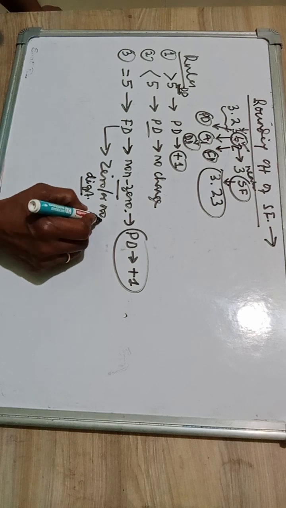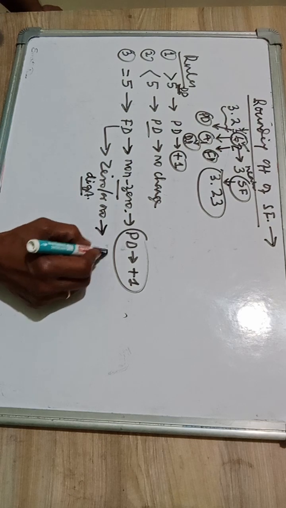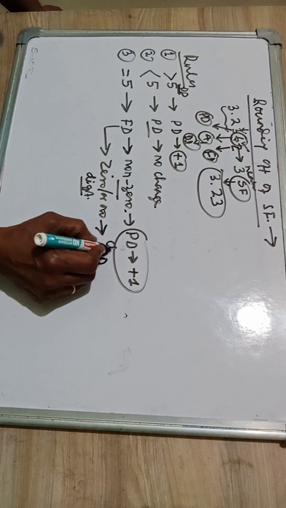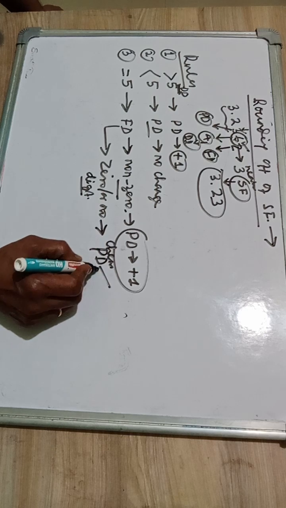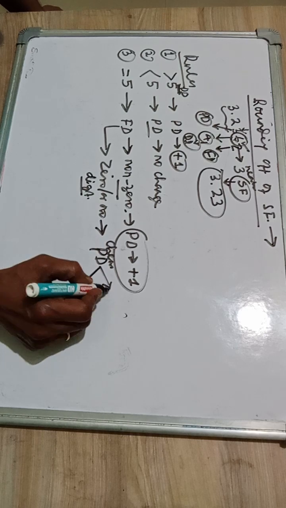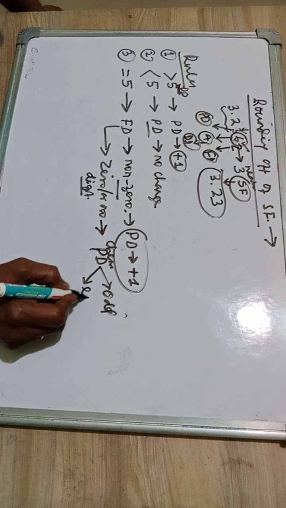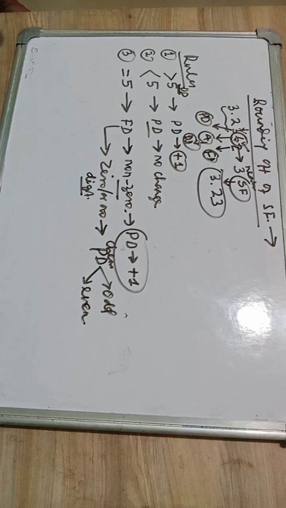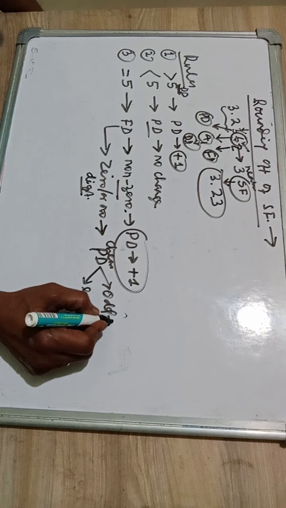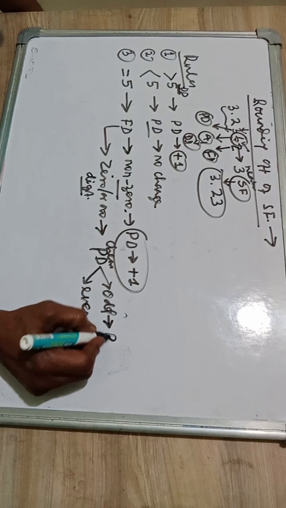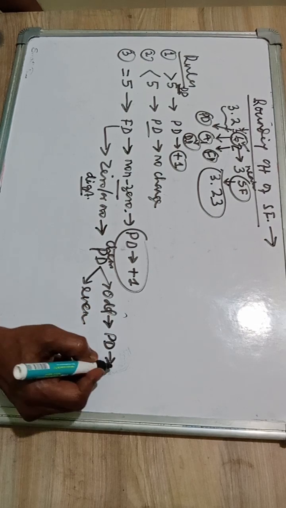In that case, we have to check the previous digit again, whether it is odd or even. If the previous digit is odd, then the previous digit will be increased by 1.